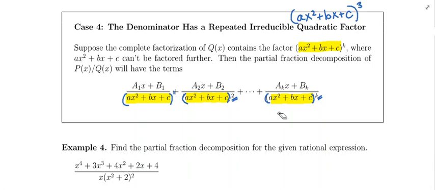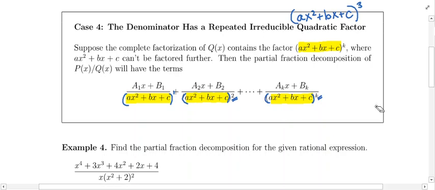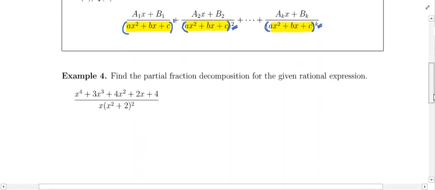You can have another quadratic factor that's not repeated. You can have one that is repeated. You can have a linear factor that's repeated or not repeated. So this is how you would handle just the irreducible quadratic factor that's repeated.